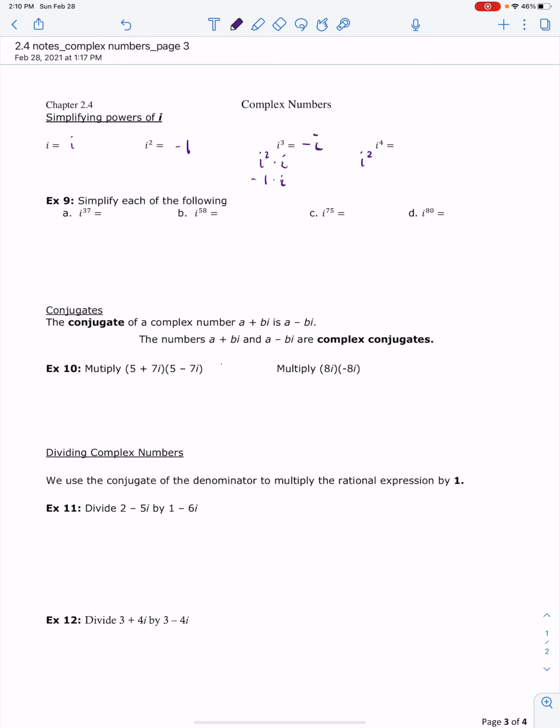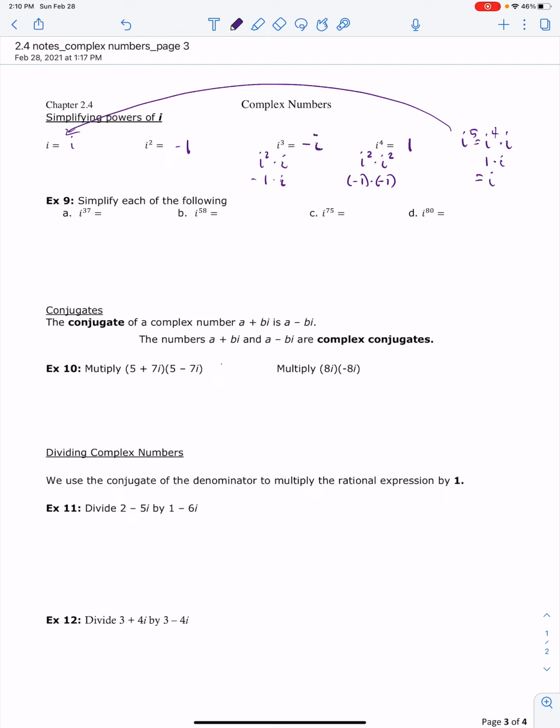We get i squared times i squared, -1 times -1, which gives us a +1. Moving on from there, i to the fifth, I could write as i to the fourth times i, 1 times i. i to the fifth just equals i, and we are back at the beginning over here.